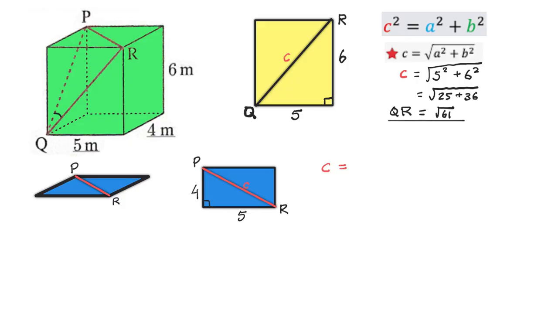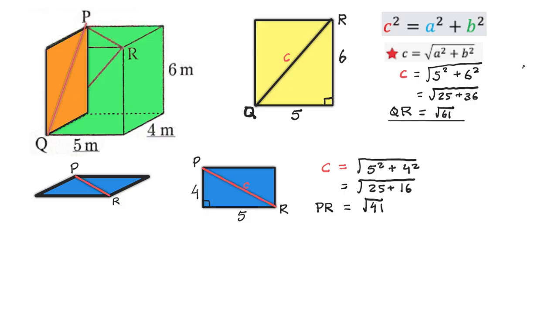Substituting into that formula, 5 squared plus 4 squared, that means it's the root of 25 plus 16, which is the root of 41. Once again, please leave it like this, and we know that PR is root 41.